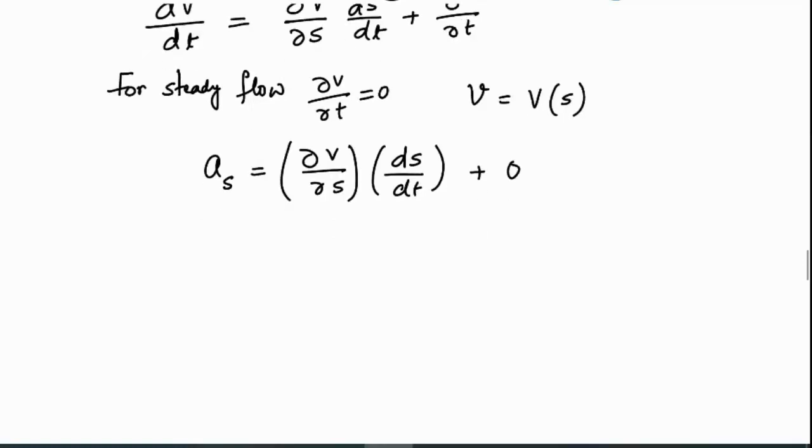So now we can write acceleration in the s direction equals del v over del s, and ds by dt is simply v.